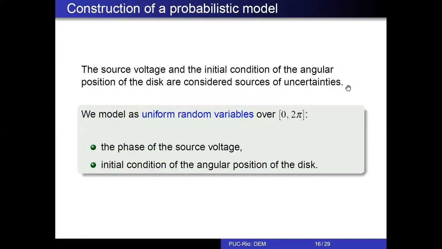Now let's go to the stochastic part of the work. We'll construct a probabilistic model for the source voltage and for the initial condition of the angle of the disk. We'll model as uniform random variables over 0 to 2π the phase of the source voltage and the initial condition of the angle of the disk.